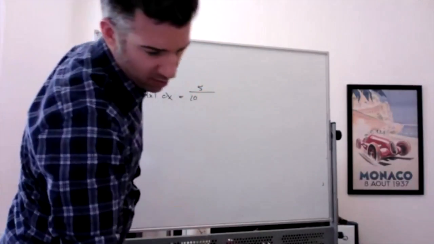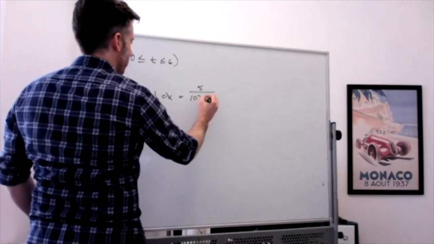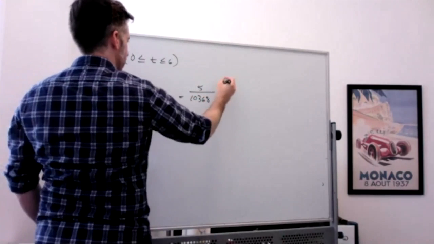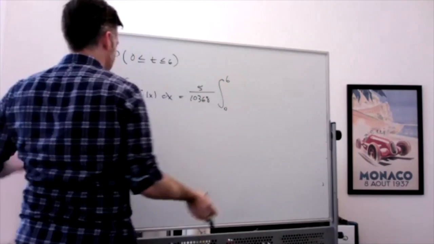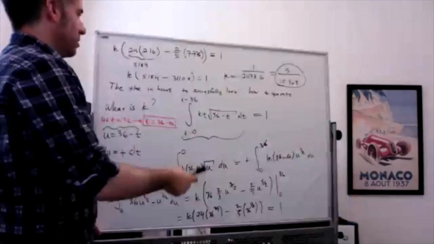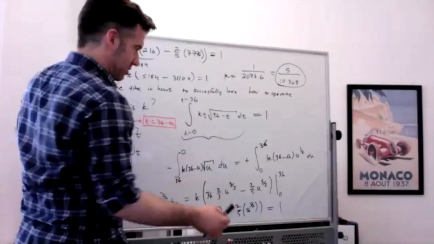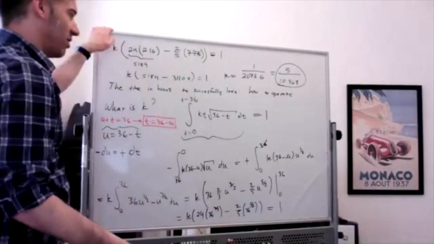All right, so our k value is this lovely number here, times the integral from 0 to 6 of our function, t times the square root of 36 minus t.